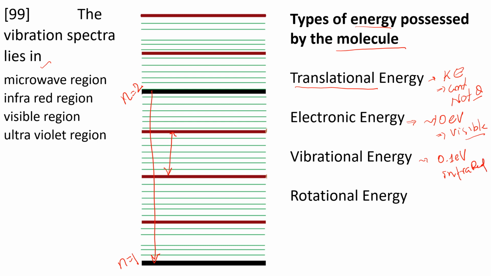And again each vibrational level is subdivided into different rotational energy levels given by J1, J2, etc. The transition energy for rotational levels is around 10 to the power minus 3 electron volt, and the wavelength corresponding to rotational energy lies in the microwave region. So for this question, the vibrational spectra energy is around 0.1 electron volt, it falls under the infrared region. So the answer is B.